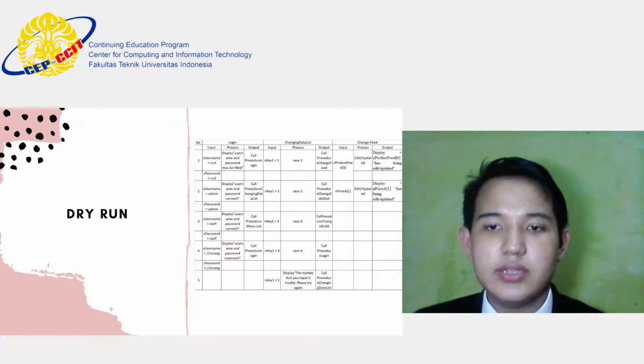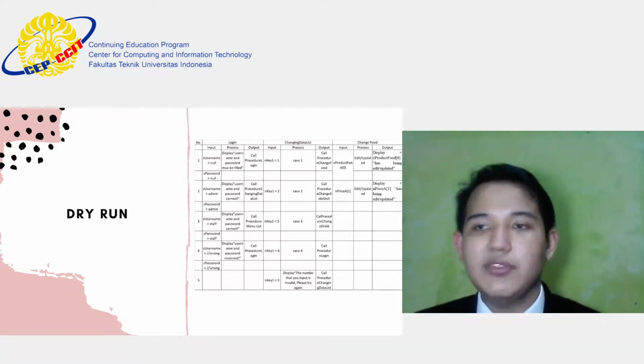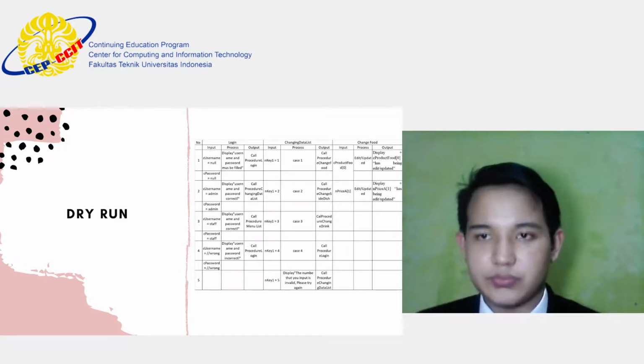The second is n price C bracket 1 or array 1. The process is edit slash update, the output display plus n price C bracket 1 or array 1 has been edit slash update.